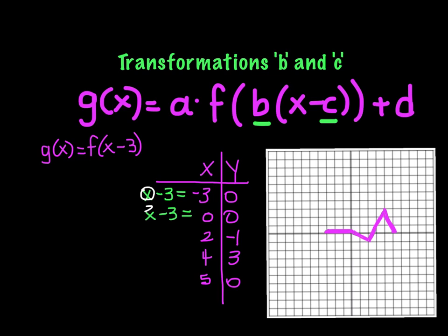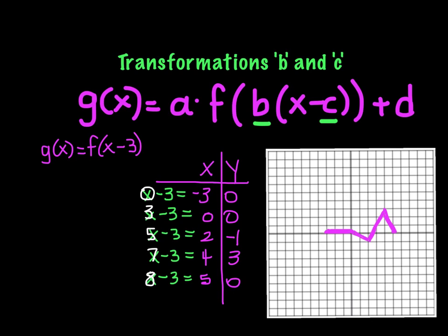Well, that's going to be 3. What X minus 3 is going to give me 2? Well, that is going to be 5. What X minus 3 is going to give me 4? That's going to be 7. And lastly, what X minus 3 is going to give me 5? And that's going to be 8.